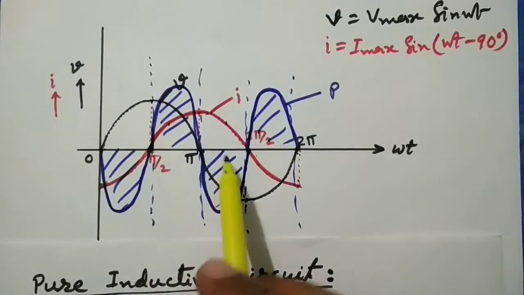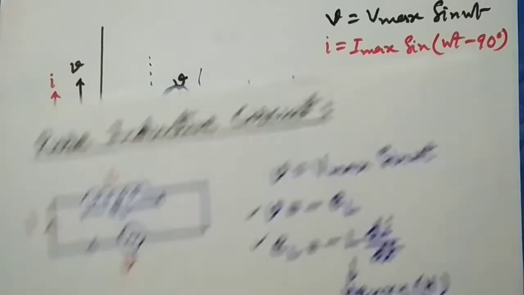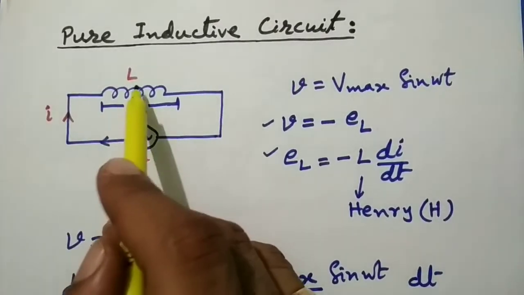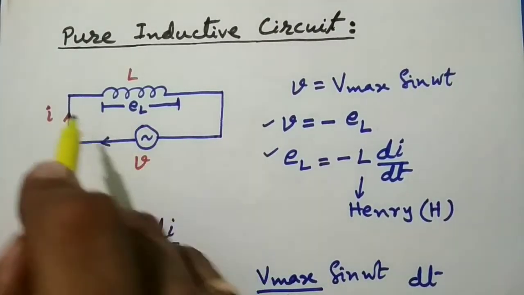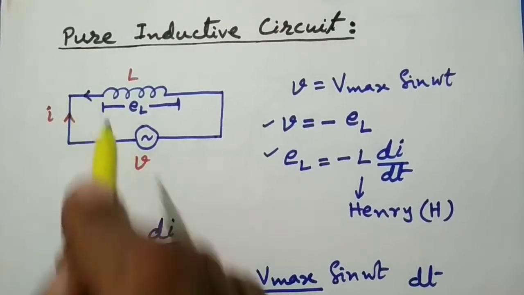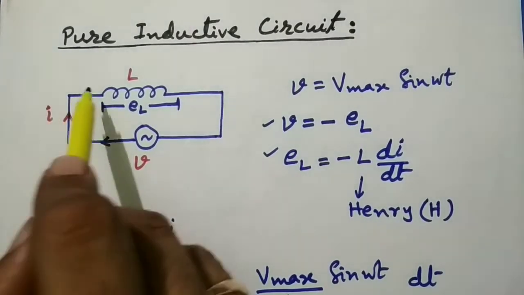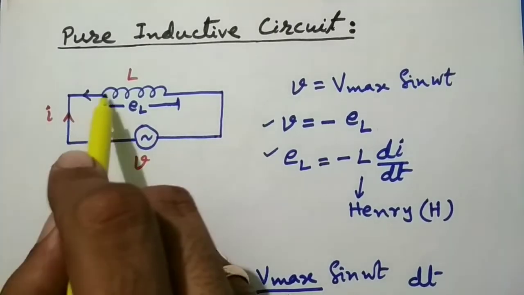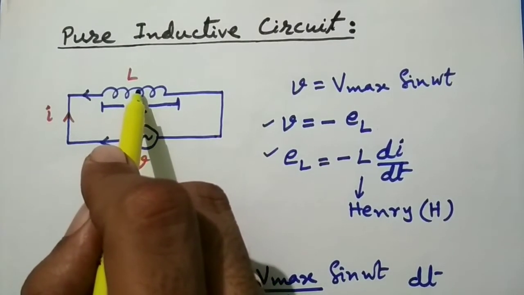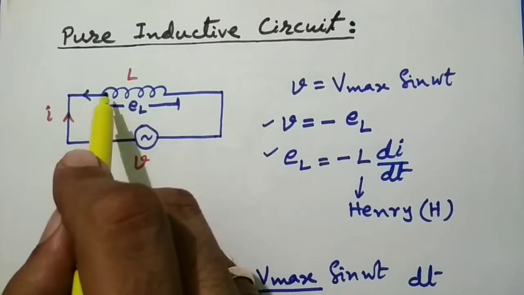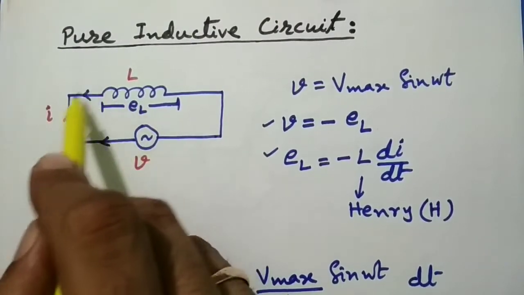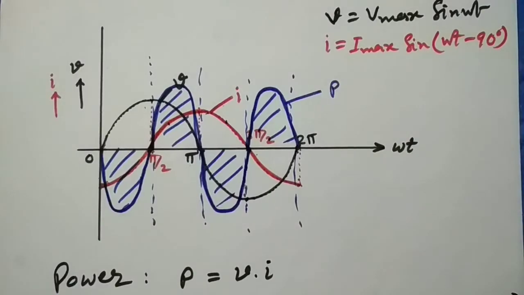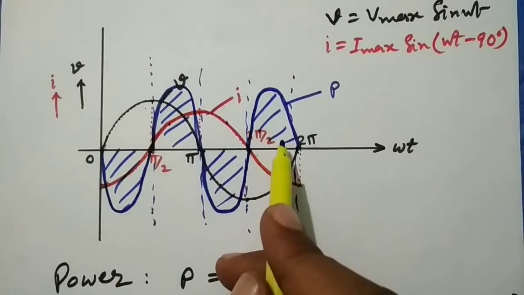And negative power means the power is supplied from load to the source, that means the current flows from load to the source. So the amount of power transferred to the load in one half cycle is transferred from load to the source in the other half cycle. Therefore, over a complete cycle, the net power will be equal to 0.